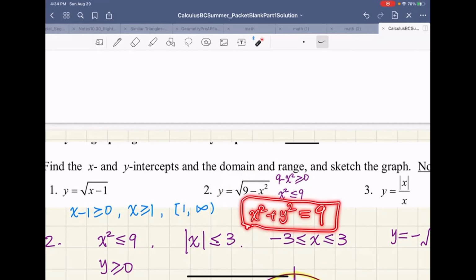Is that a standard equation for a circle? Yes. What's the center? What's the radius? Center is 0, 0. Radius is 3.